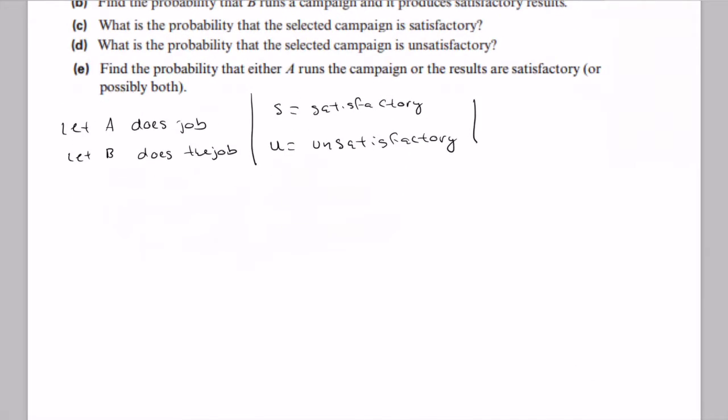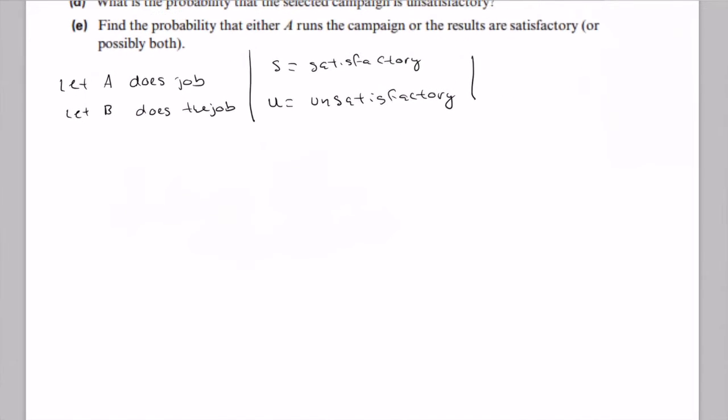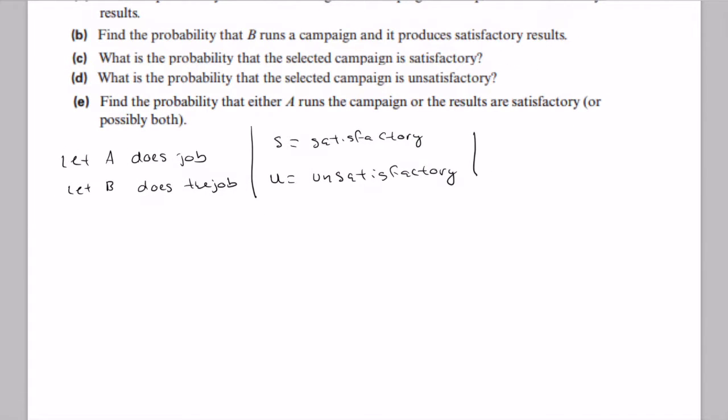So that's going to be A, B, meaning A does the job or B does the job. And then we have satisfactory, unsatisfactory for A, and satisfactory, unsatisfactory for B.